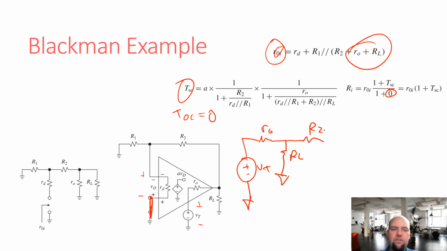I'm taking the circuit, flopping it over, and reconstructing it. If you don't trust my redrawing, just do a node by node analysis. R naught touches R2 touches RL.